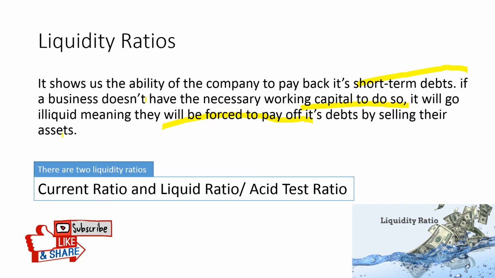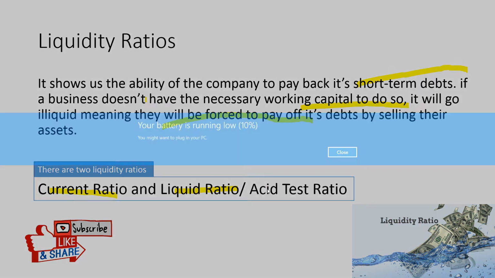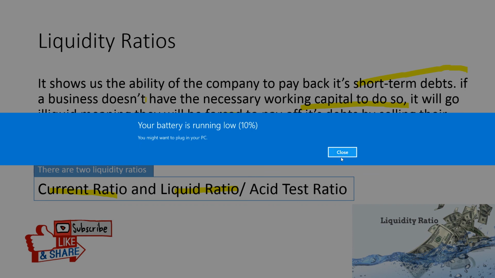We covered what assets are in an earlier video, so if you're not sure, make sure you watch that. There are two liquidity ratios, called the current ratio and the liquid ratio, also called the asset test ratio.